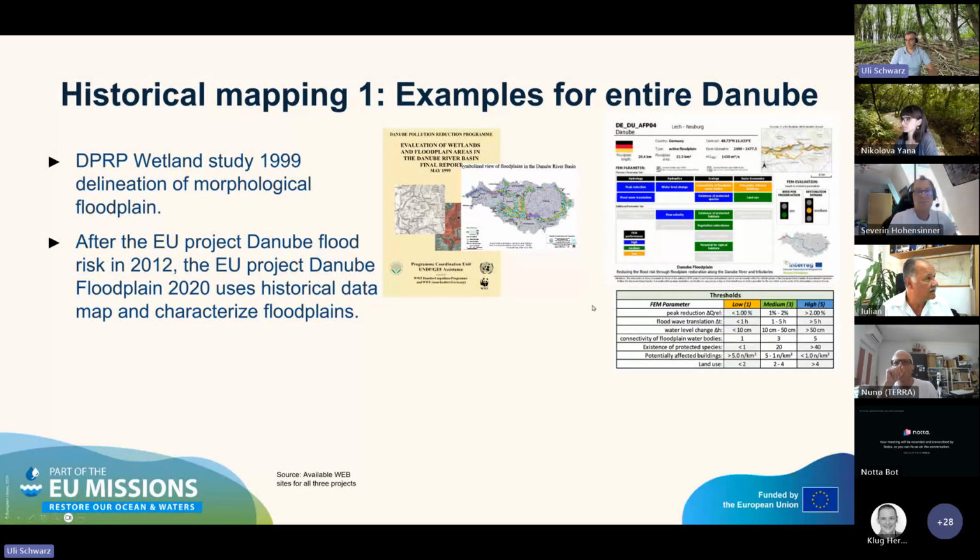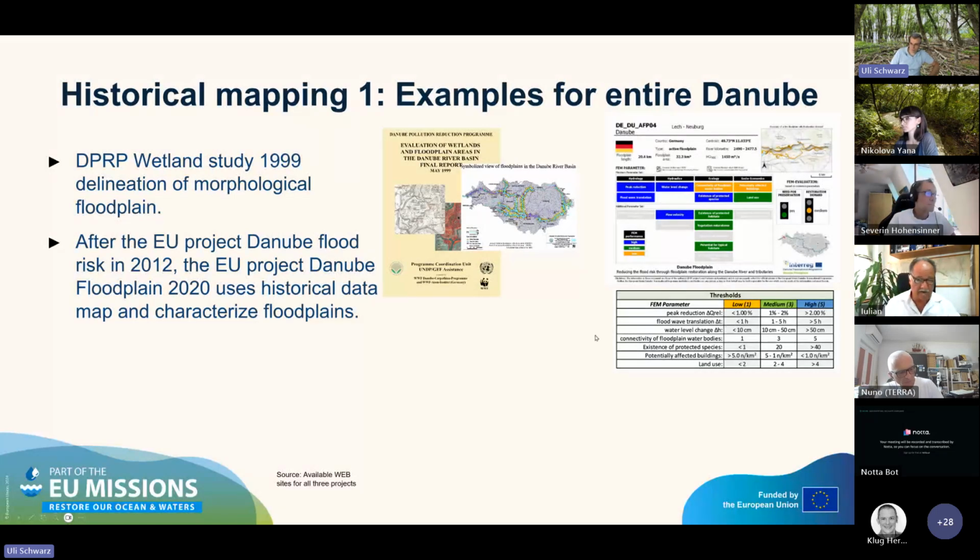So you can understand how important it is to know what we found in the floodplain, what the current situation is and what we had in the past, because this floodplain evaluation matrix significantly helped to discuss issues like peak flow reduction, water level change, duration of flood, and so on.